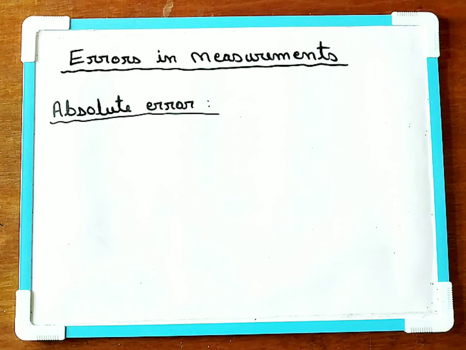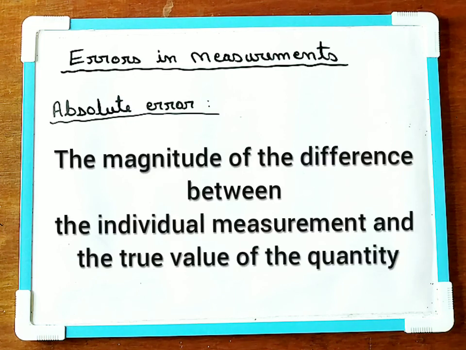Now we'll have to know how to find the absolute error in the measurement. The absolute error is the magnitude of the difference between the individual measurement and the true value of the physical quantity which you are measuring.